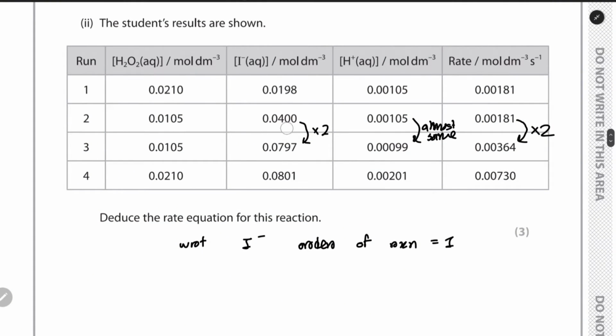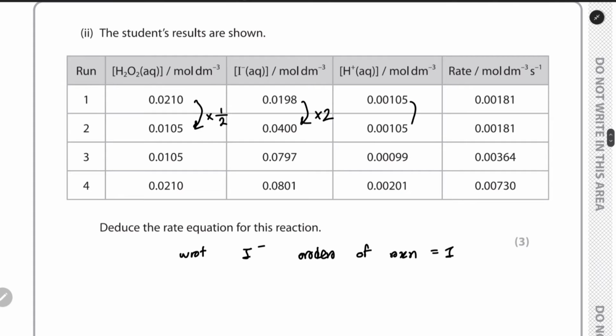Now we'll look into reactions 1 and 2. In this case, the concentration of H2O2 is halved, the concentration of I minus doubles, and the concentration of H plus is the same, and this causes the rate to be the same.